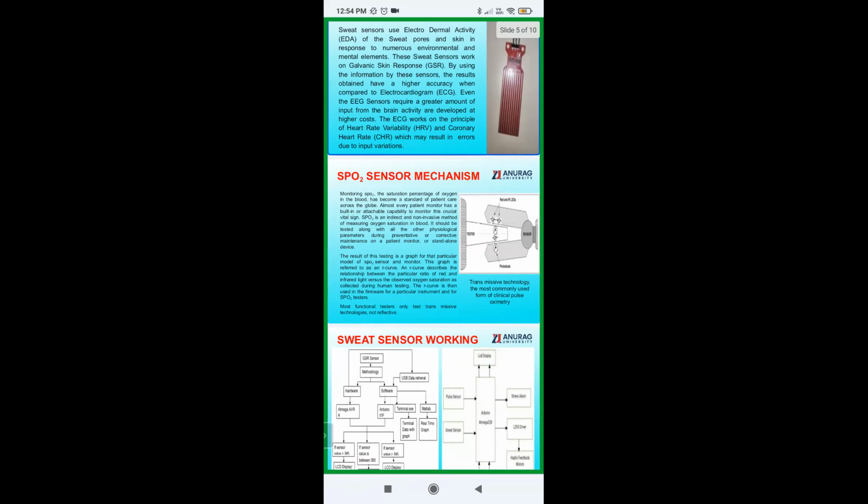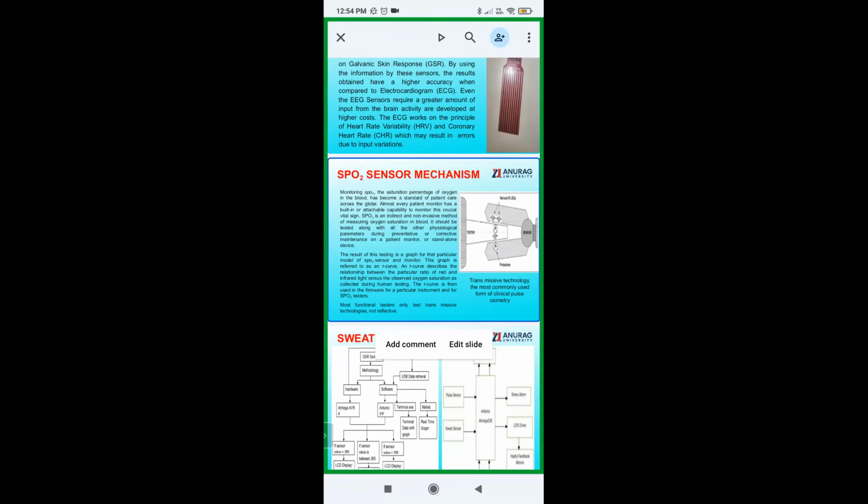Now, this is the SpO2 sensor mechanism, which gives us the amount of oxygen present in the body. In the case of sweat not being generated, this SpO2 sensor gets activated and gives us the R graph.